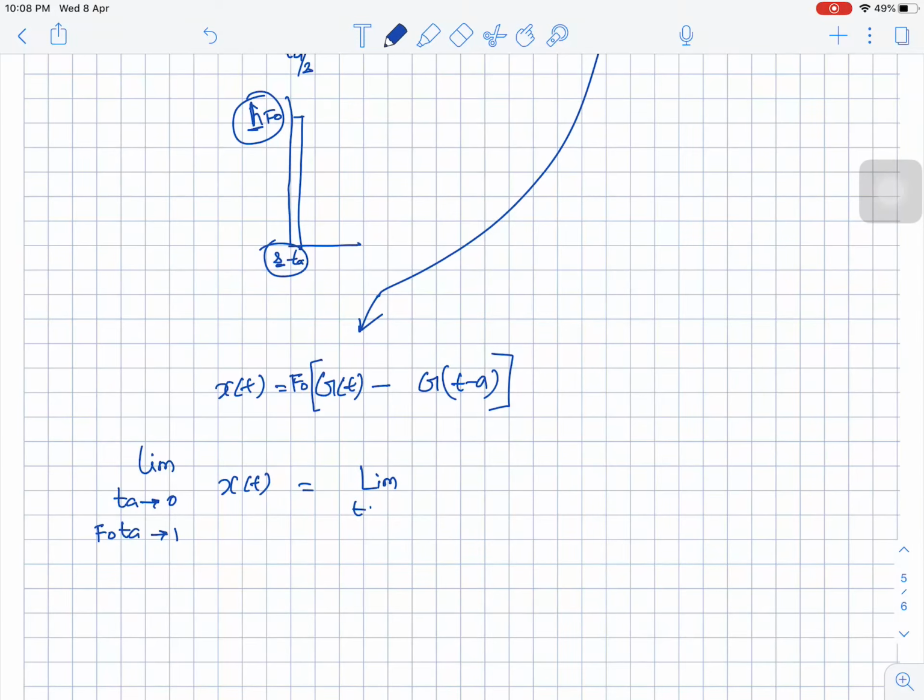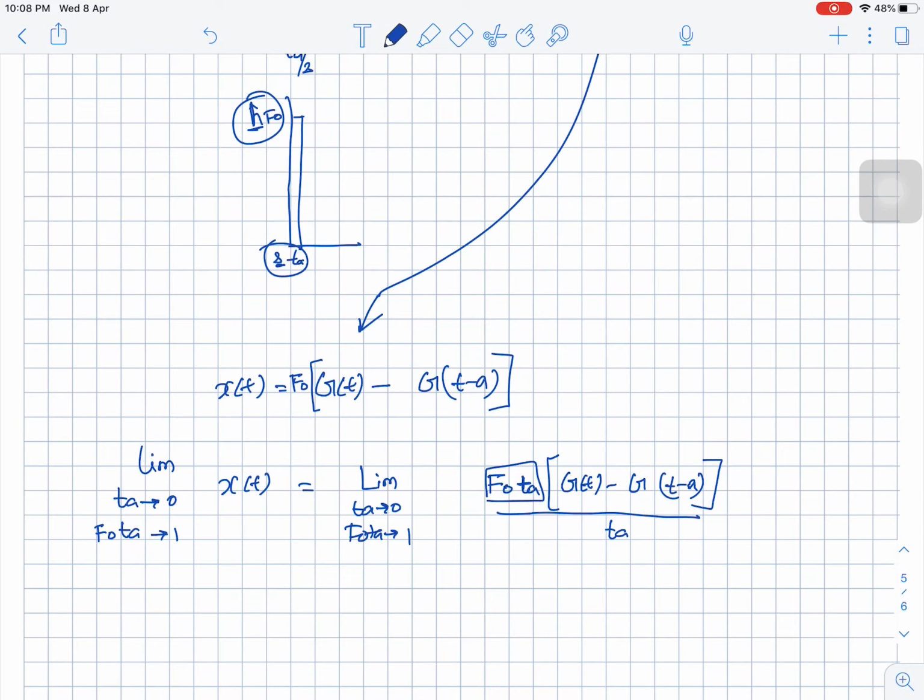So I'm applying, here also there is a limit, f naught into ta goes to 1. So I have f naught g of t minus g of t minus a. So I'm taking ta in both numerator and denominator.